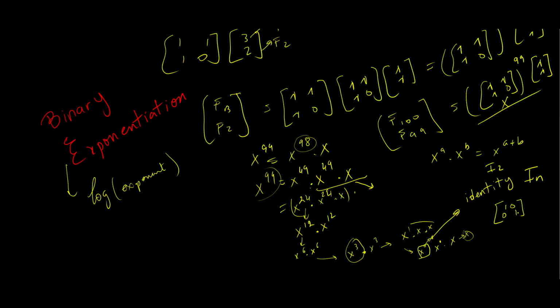However, there is a difference between this multiplication of matrices and the regular multiplication we would do. For example, if we were calculating 3 raised to the 99th power, we assume that multiplication is done in constant time, but that's not the case here. The normal approach to multiply 2 matrices of size k is done in O of k cubed.